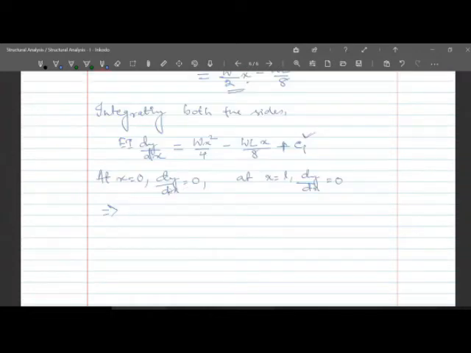So at x equals 0, EI dy/dx is 0 equals 0 minus 0 plus C1. Can I say this implies C1 equals 0?